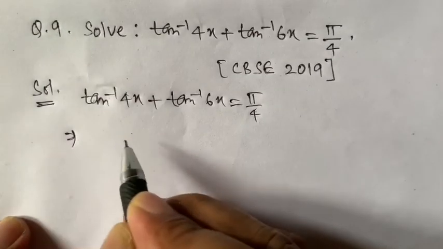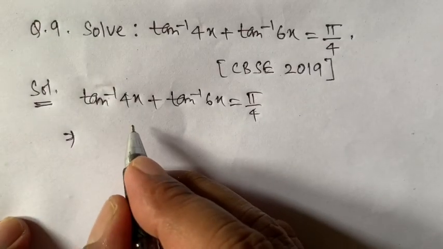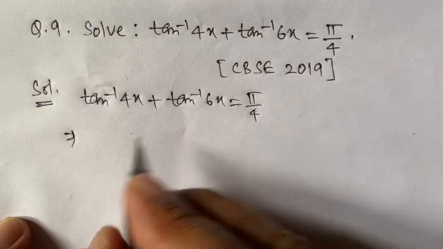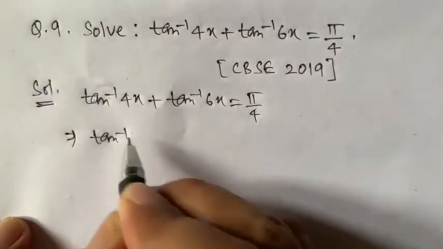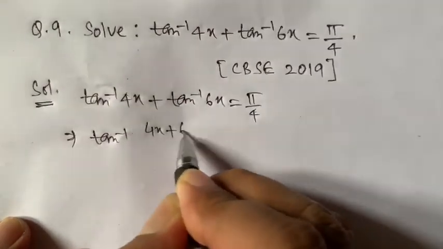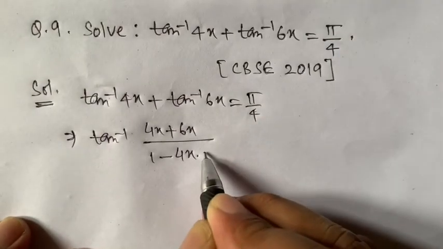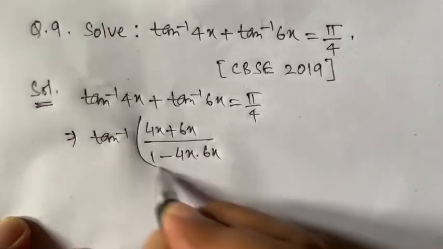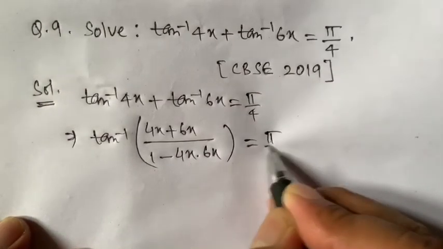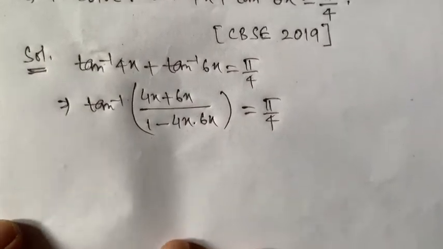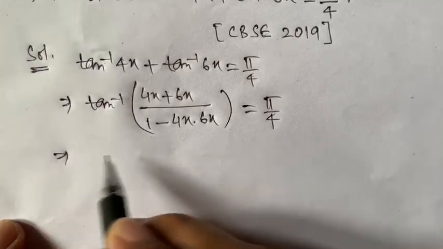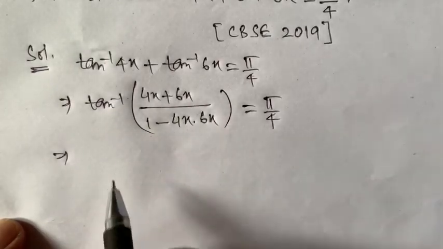Then we will apply the formula for tan inverse of a plus tan inverse of b. It is tan inverse of (a plus b) upon (1 minus a into b), and it is equal to pi by 4. Now bring this tan inverse to the right hand side and simplify the expression in the bracket.